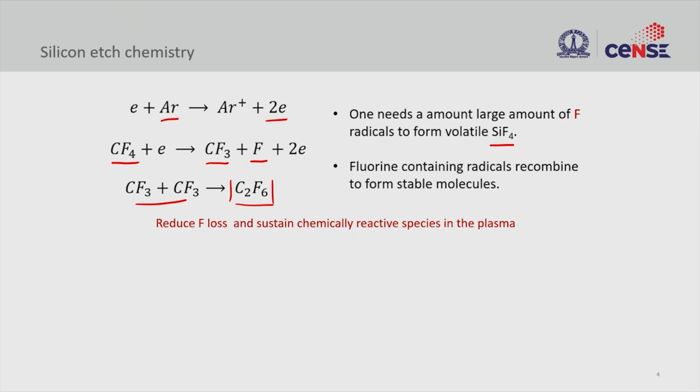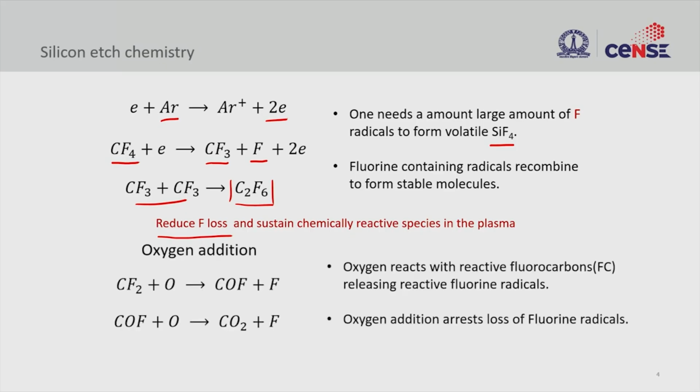How do you stop this reverse reaction and enable fluorine generation? You want to reduce fluorine loss and sustain chemically reactive species, in this case fluorine, in the plasma. One way of doing that is by adding oxygen.